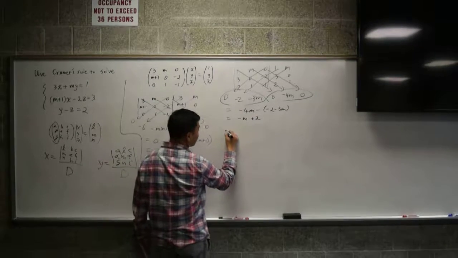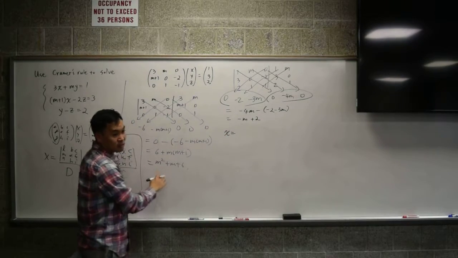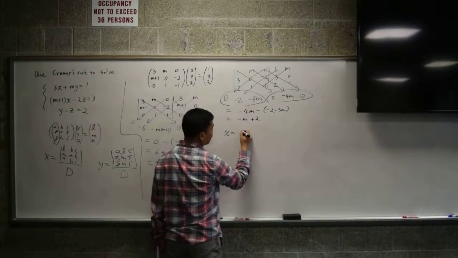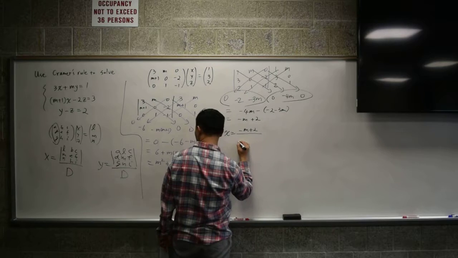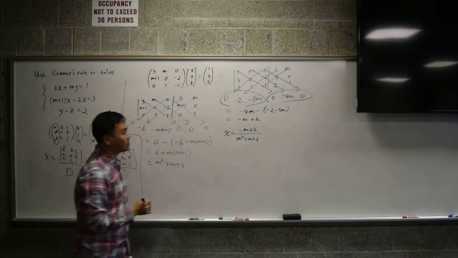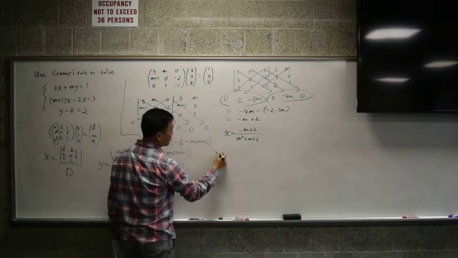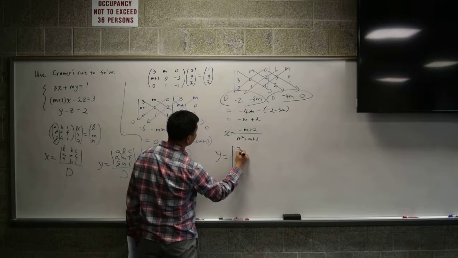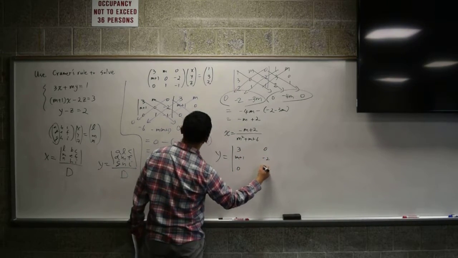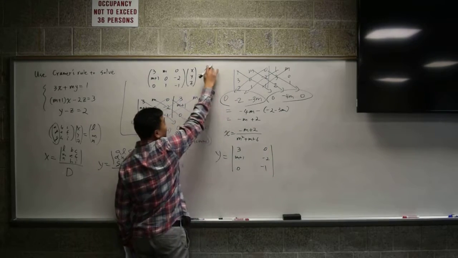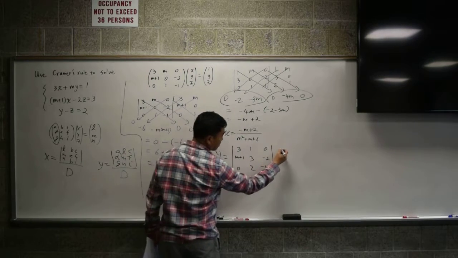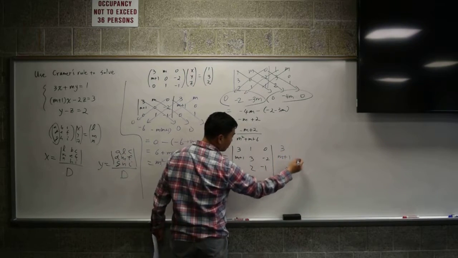What is x? X is the ratio between this one over that one, right? It's this matrix determinant over the determinant D. So I say x is negative m plus 2 over m squared plus m plus 6. In the same way, let's go for y. For y, you do 3, m plus 1, 0, and then 0, negative 2, negative 1. That's the same, but now the middle column is replaced by this: 1, 3, 2. And then 3, m plus 1, 0, 1, 3, 2.